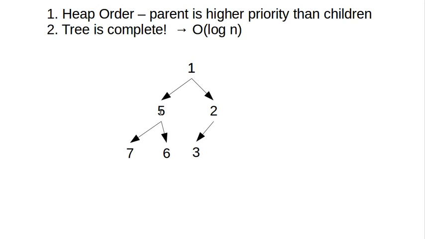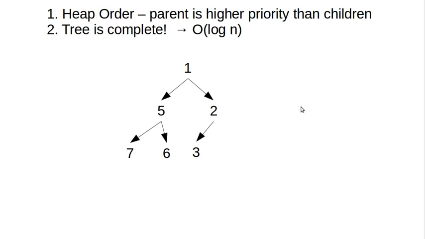Similarly, it doesn't matter whether the small value is on the left or on the right. The relative values of the two children is completely unimportant in our binary heap. All that matters is that it satisfies these two properties.